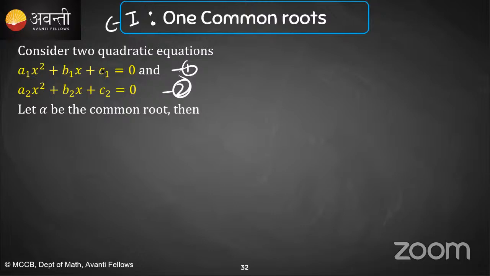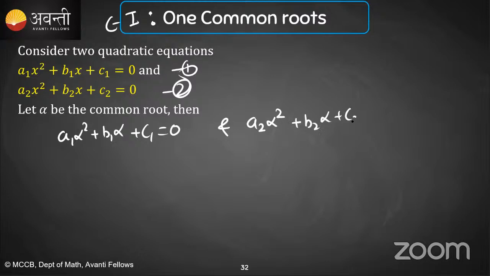Anyways, alpha is the common root. It means it will satisfy both equations. So substitute alpha in the first equation: a1 into alpha square plus b1 into alpha plus c1 is equal to 0, right? And substitute alpha in equation 2 also: a2 into alpha square plus b2 into alpha plus c2 is equal to 0, right?